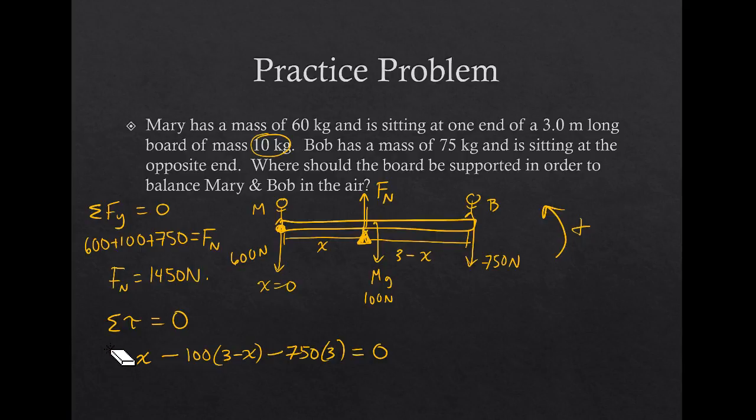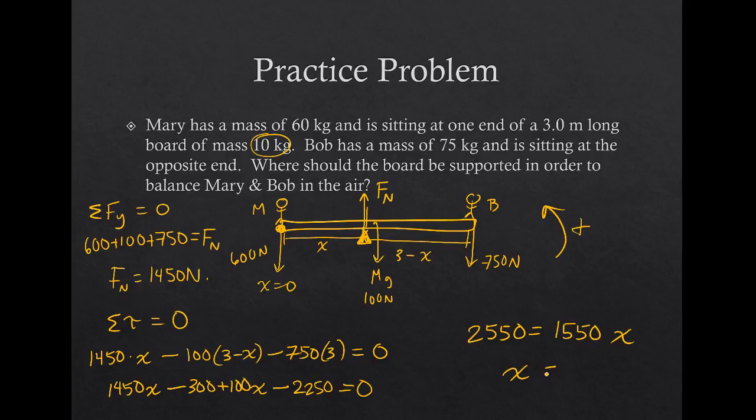Okay, now this normal force we can substitute is 1450, so we can just solve this. 1450x minus 300 minus 100, plus 100x minus 2250 is equal to 0. And so that means that basically 2550 is equal to 1550x.